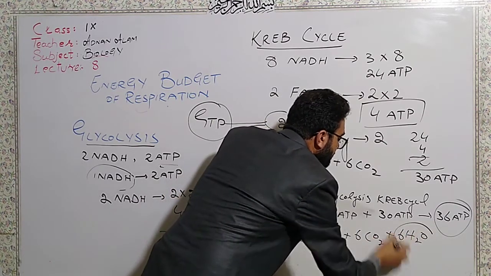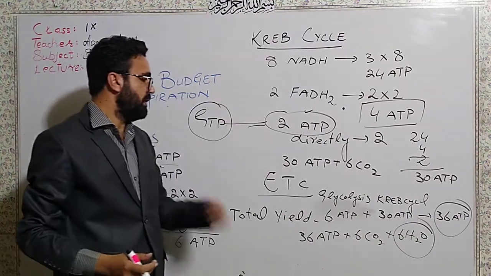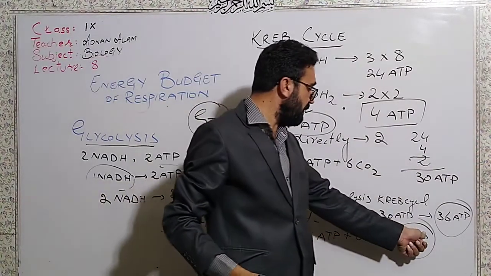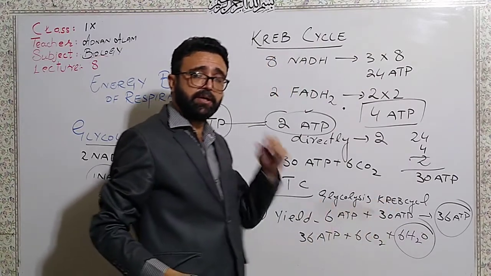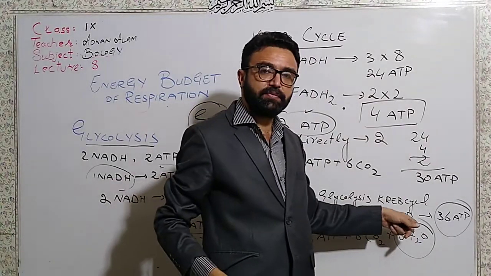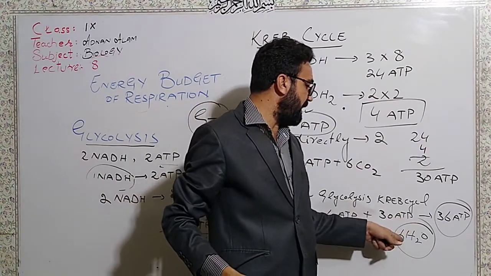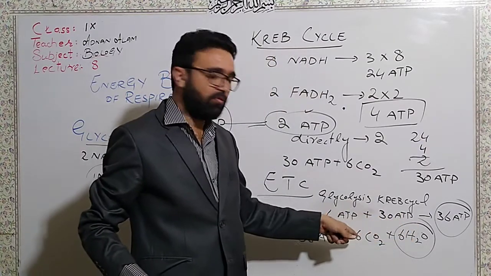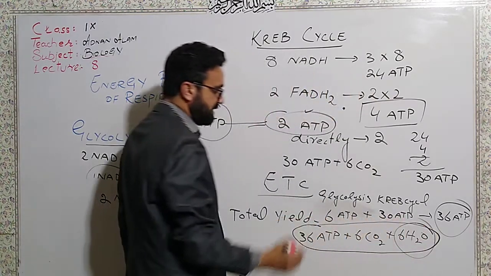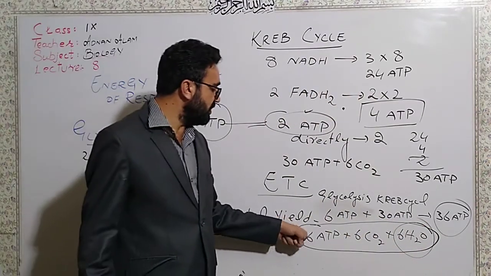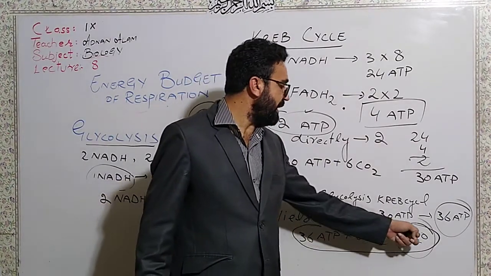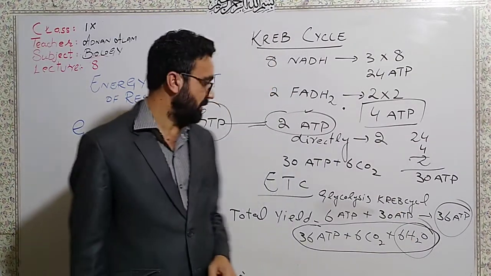And water, as I told you in my previous lecture, is formed when oxygen enters into the reaction, and oxygen is the final electron acceptor, and it forms water molecules. So from overall aerobic respiration, we got 36 ATPs, 6 carbon dioxide molecules, and 6 water molecules.